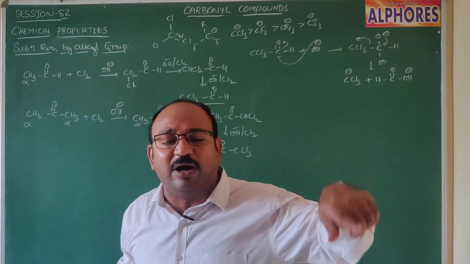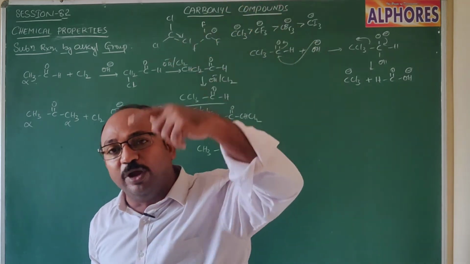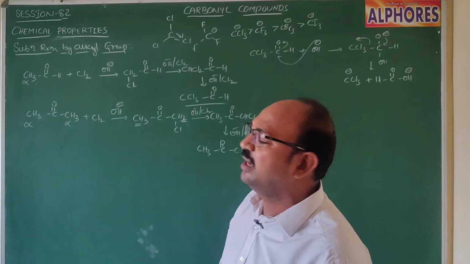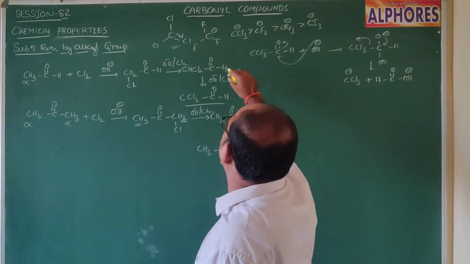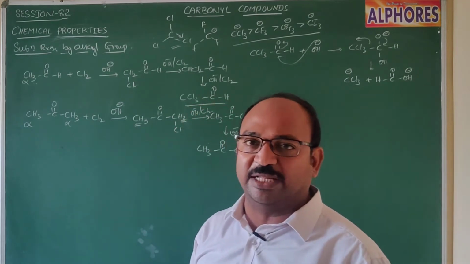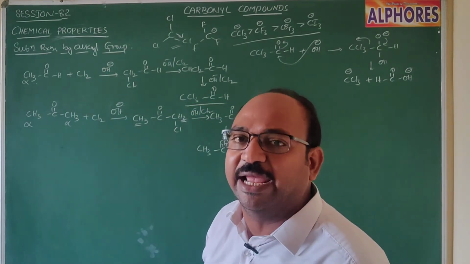That means the pi bond or d-pi bond is going to participate in resonance. It's not fixed with only one chlorine. That's why here it is more stable. That's why the stability order of the trihalide carbanions is CCl3 minus greater than CF3 minus greater than CBr3 minus greater than CI3 minus.